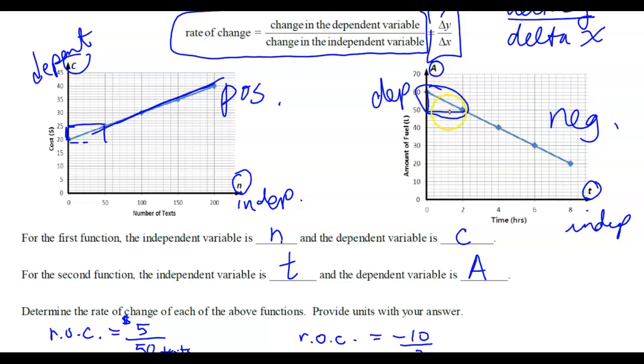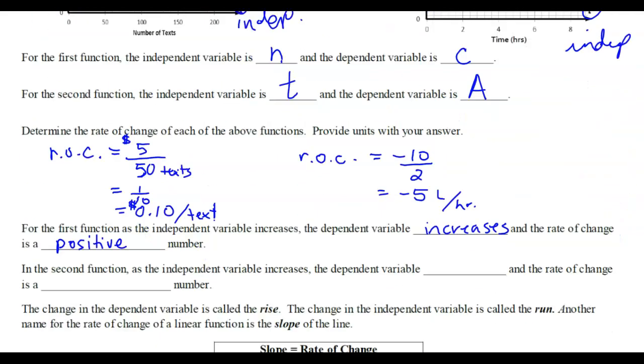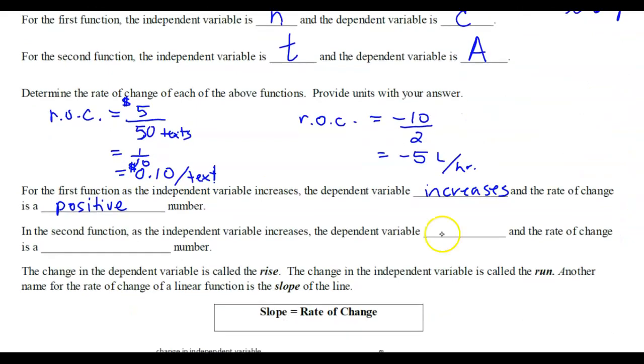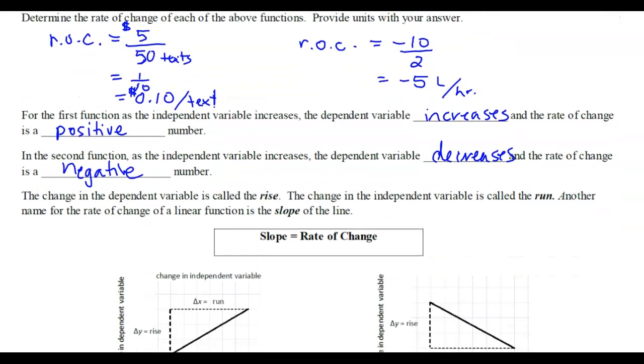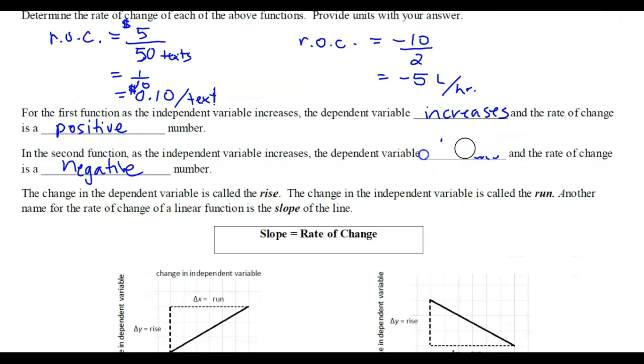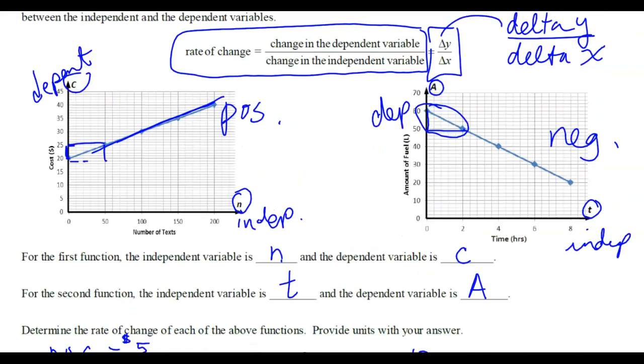So this is going down for every increase in independent, and so it ends up being a negative number. Anytime you're going down on a graph from the left to the right, that's decreasing. It's a negative value.